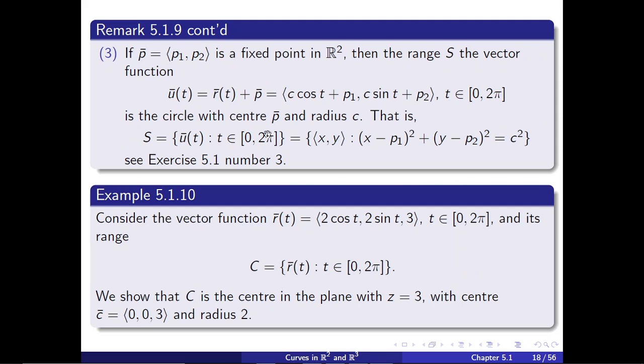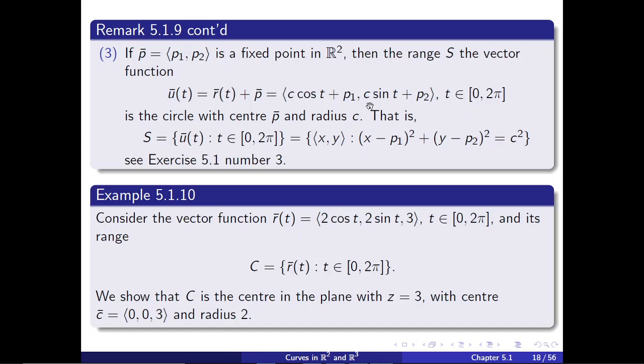And if we have a point p, which is (p1, p2), a fixed point in R2, suppose we have a vector function u of t, which is equal to r of t plus p, which we can then write in that way. Then this is just the circle with center p. So the center is no longer on the origin, it is now on p, and the radius will be the same.